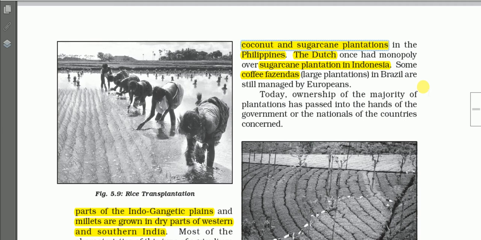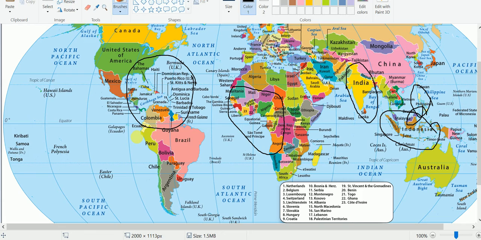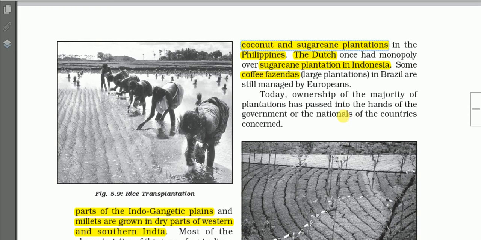Not only this, the European countries introduced coffee plantations in Brazil. In Brazil, some of the fazendas, large coffee plantations, are still managed by the Europeans.